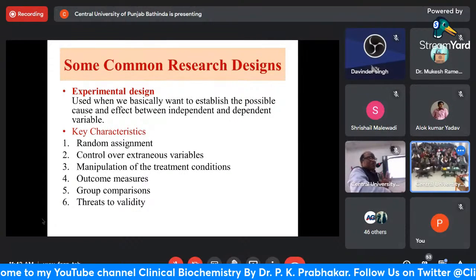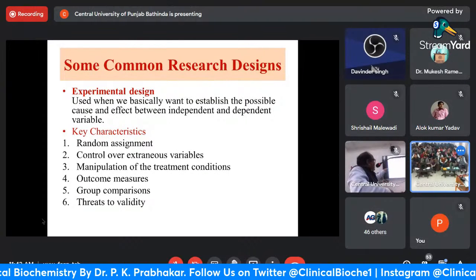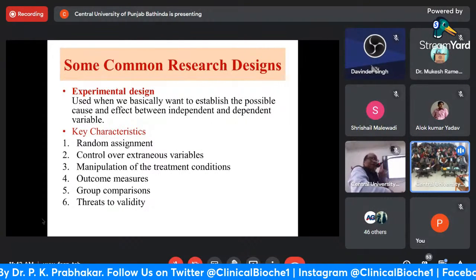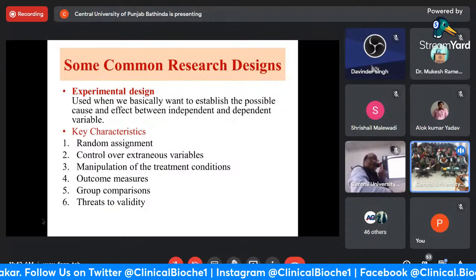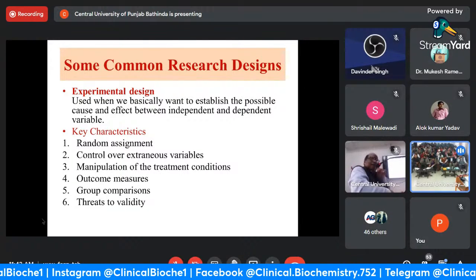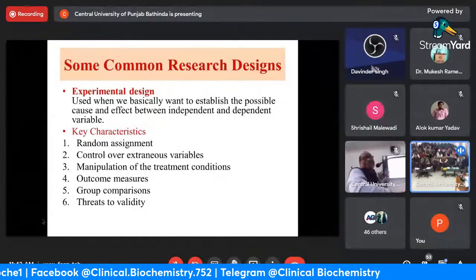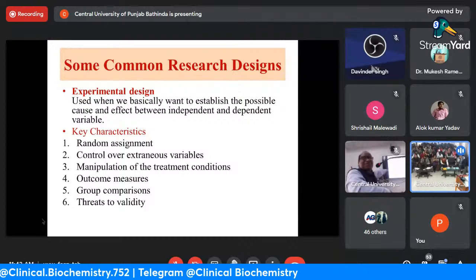That usually happens in a controlled condition. Experimental designs have certain fundamental characteristics, like random assignment.